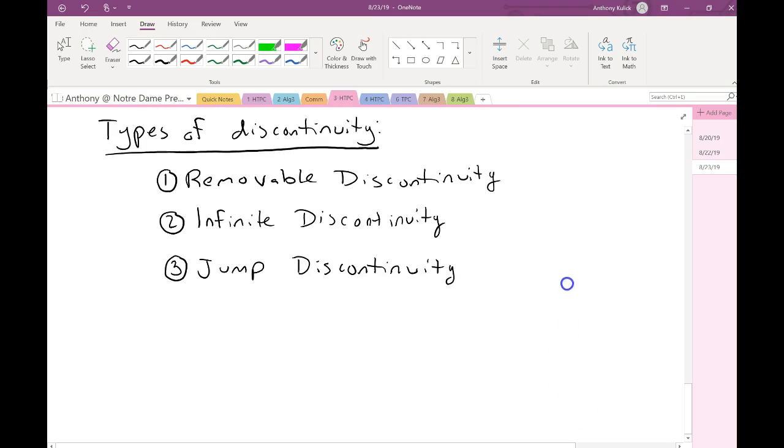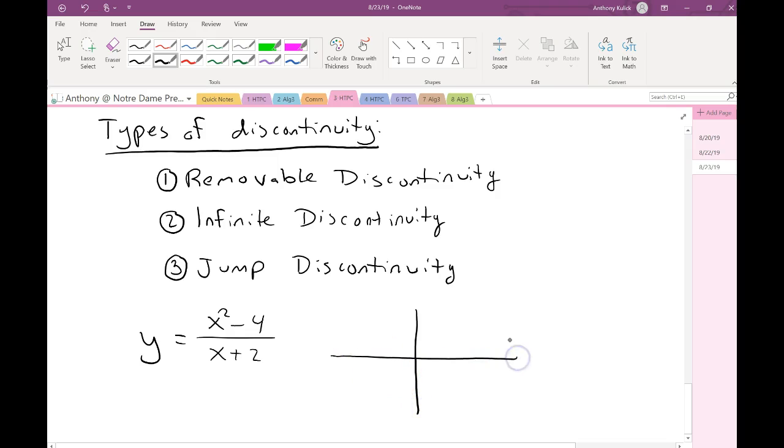Okay. So let's just look at some examples of some pictures of things that are each one of these types, just to build up a little intuition. So, for example, if I have y equals x squared minus 4x over x plus 2, the graph of this is going to look like a straight line with a hole in the graph.